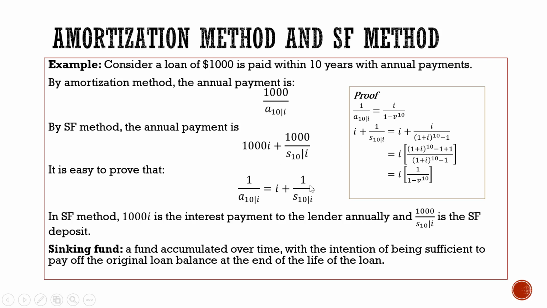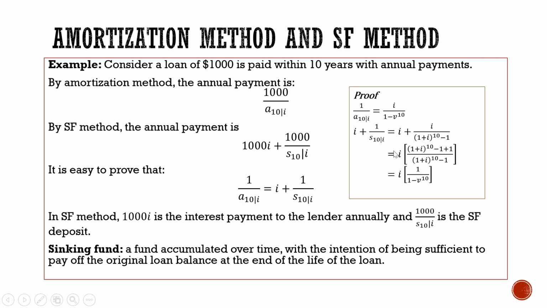And the right hand side, i plus 1 over s angle 10 at rate i is i plus i over 1 plus i to the 10 minus 1, because s angle 10 at rate i is 1 plus i to the 10 minus 1 over i. So take the reciprocal. We get i over 1 plus i to the 10 minus 1.